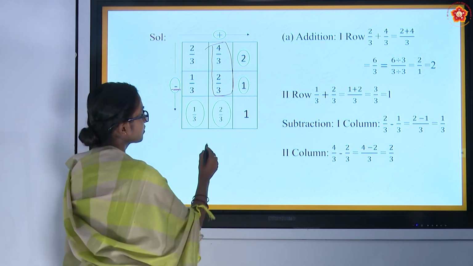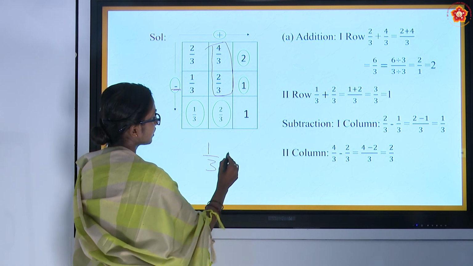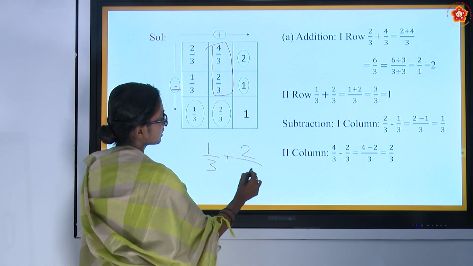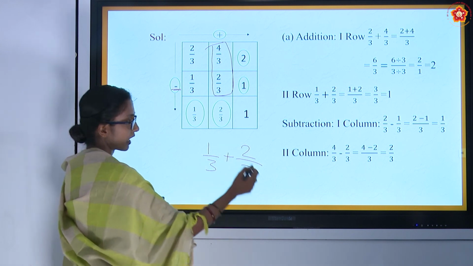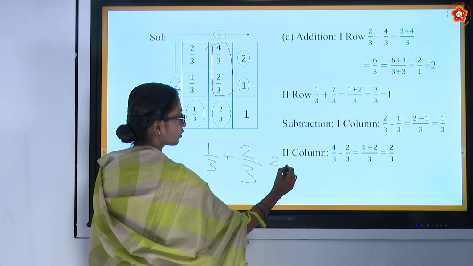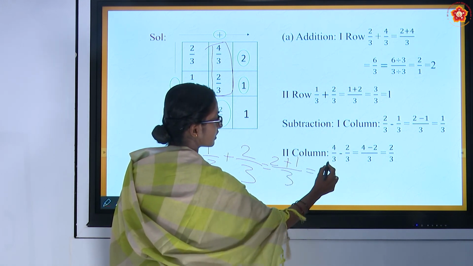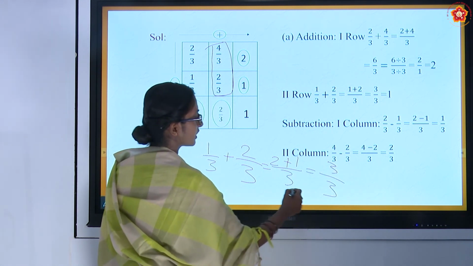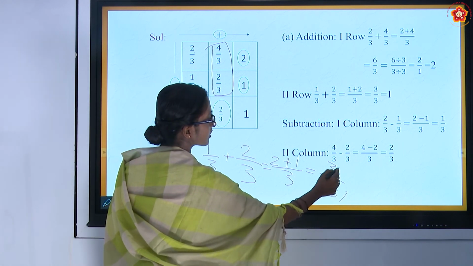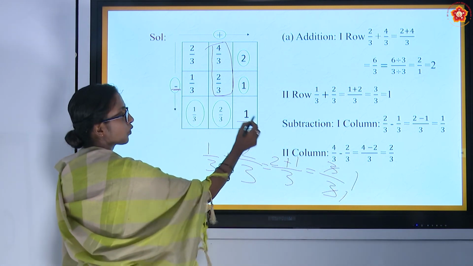As we need to add them, 1 by 3 plus 2 by 3. Denominators are same. Add up the numerators. This is equal to 2 plus 1 divided by 3, 3 by 3. 3 ones are 3. So the answer is 1.